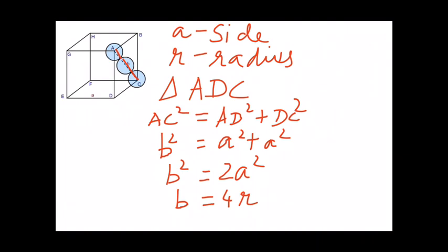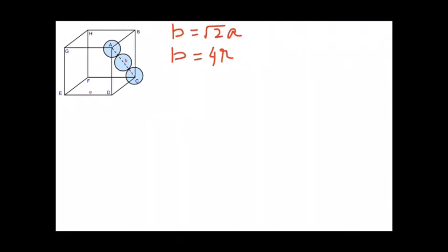Now you have two relationships. b square is equal to 2a square. b is equal to 4r. That is, from this you have b is equal to root 2 a. Now we can equate the right sides of these two relationships. Root 2 a is equal to 4r.